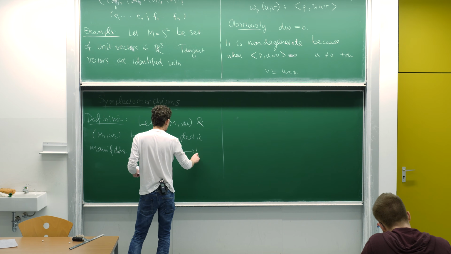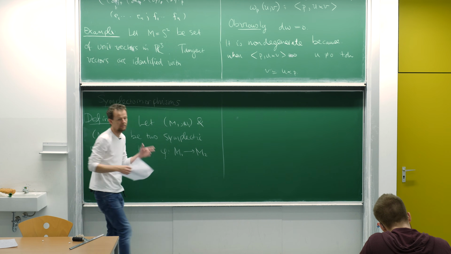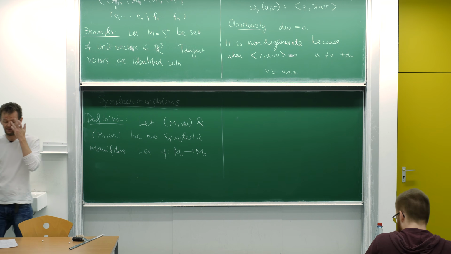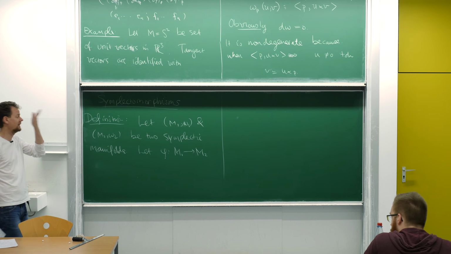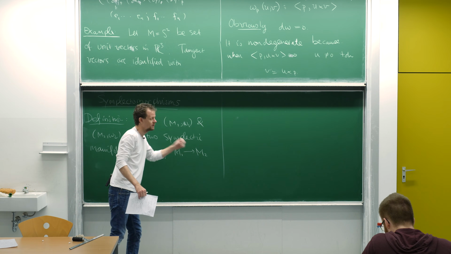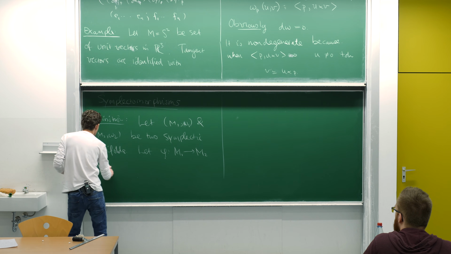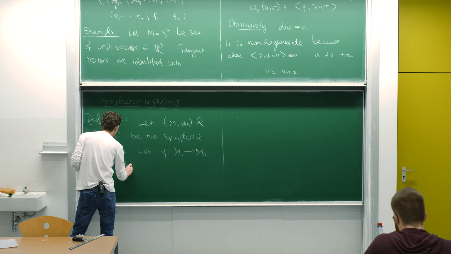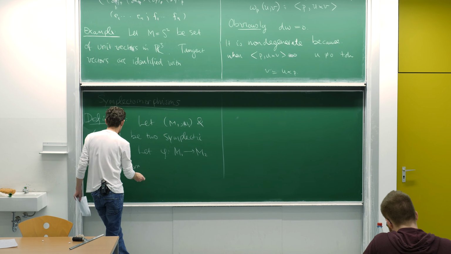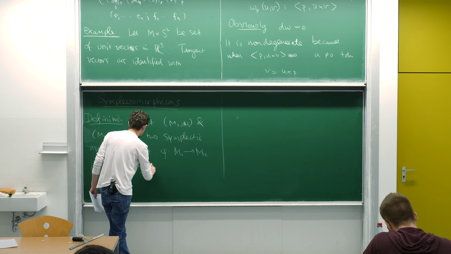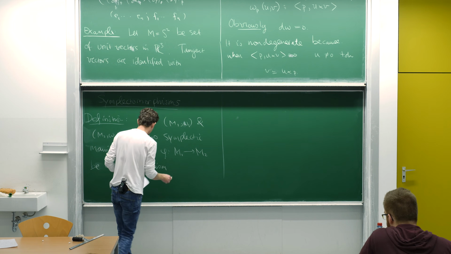We're going to talk about the equivalence of these two manifolds as we would for manifolds, meaning that they've at least got to be diffeomorphic: an invertible, differentiable, smooth map between them.